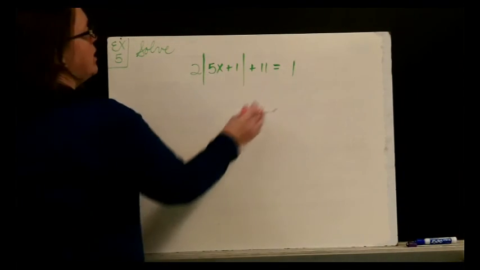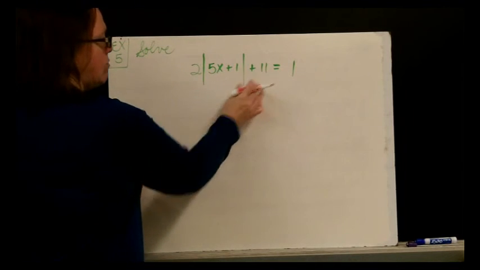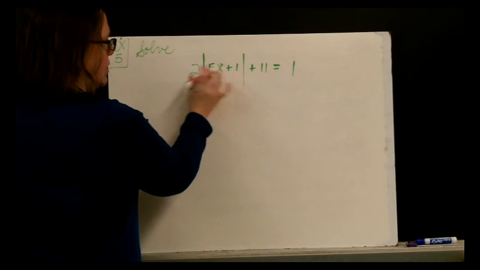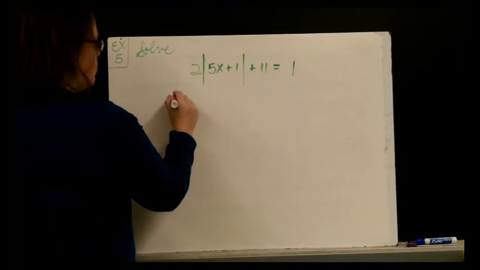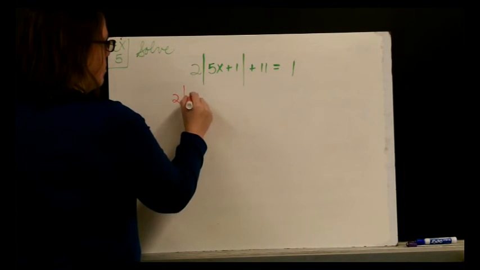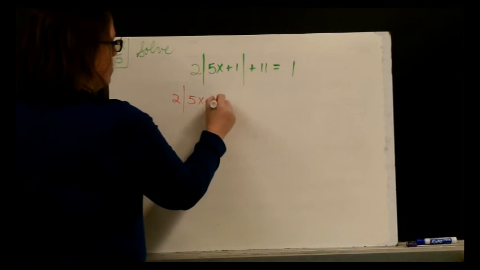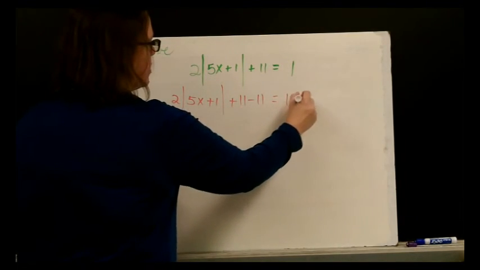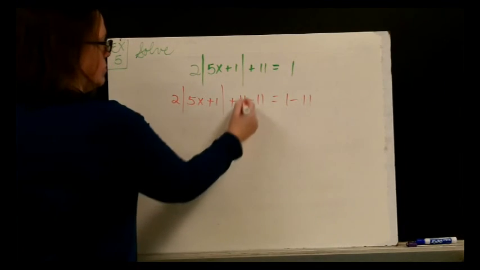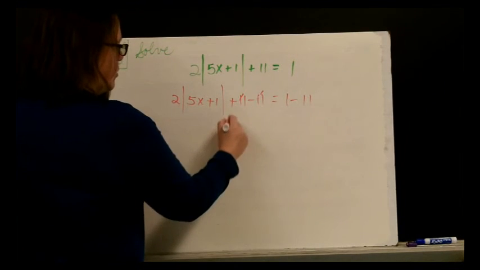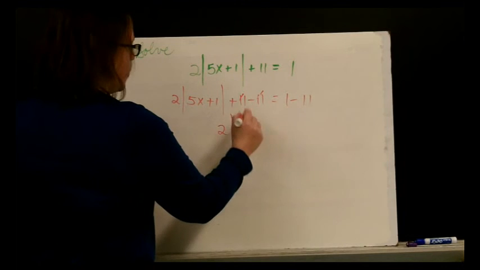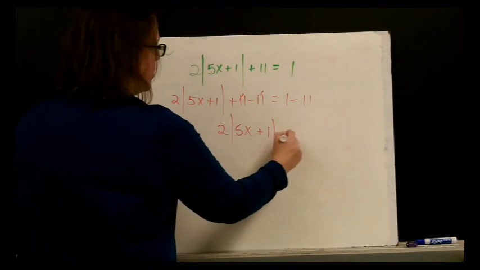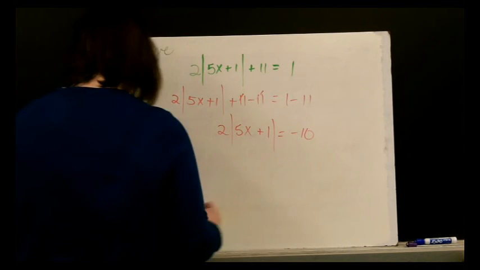First, by putting a negative 11 on both sides so that we can start whittling away at these extra pieces that we don't need. So we'll put a negative 11 on both sides. That gives us 2 times the absolute value of 5x plus 1 equaling negative 10.